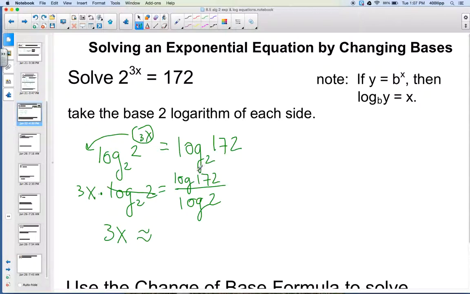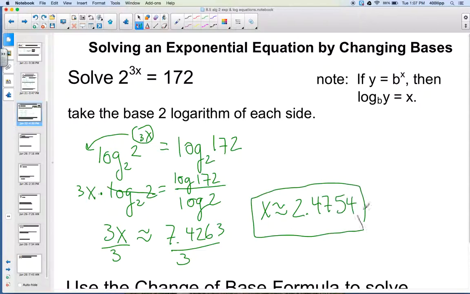So we'll have log of 172 divided by log of 2, and that will give us about 7.4263. And then we'll divide both sides by 3, and x will be about 2.4754.